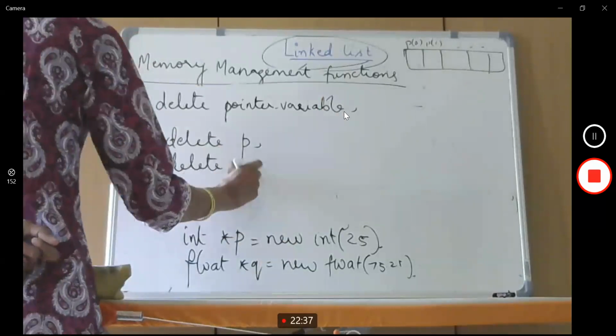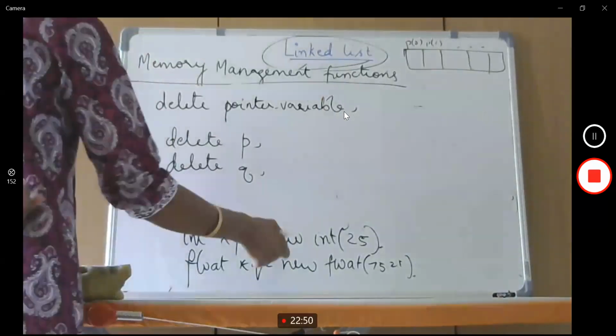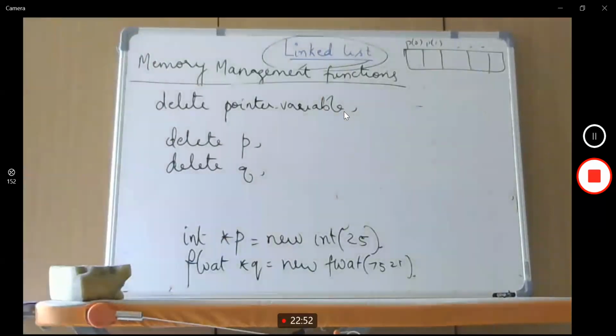It's the same as free, which you have already seen in C. Generally in C++ we make use of new and delete. So delete q means whatever memory was allocated for q. If you don't require q anymore in your program, you have to deallocate that memory.